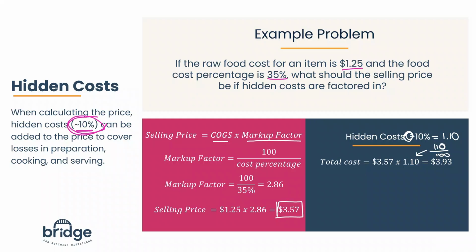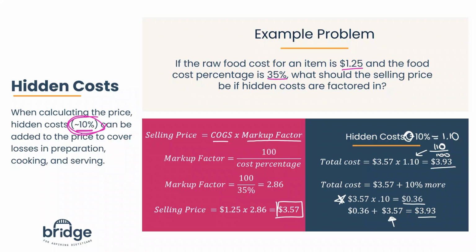Or you can say, all right, well, the price without the hidden costs is $3.57. 10% more, let's take 10% of $3.57. That's 36 cents. Add it to the initial, which is the remaining 100%, to get $3.93. Either way, your selling price is $3.93 when you factor in 10% for hidden costs.